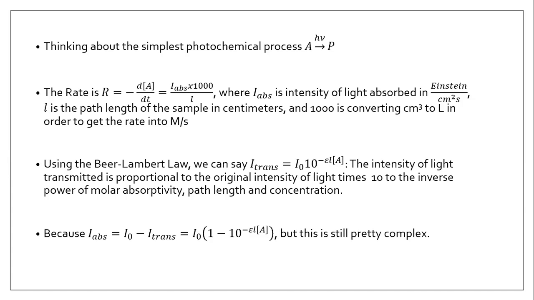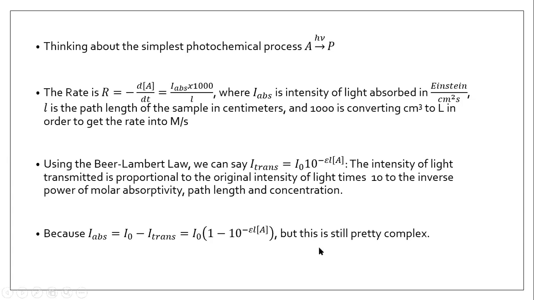Essentially, the intensity of light transmitted is the original intensity times 10 to the negative power of the molar absorptivity times the path length times the concentration. Now, because the intensity absorbed is the initial intensity minus the intensity transmitted, we can say that the intensity absorbed is the initial intensity times 1 minus 10 to the negative epsilon LA.